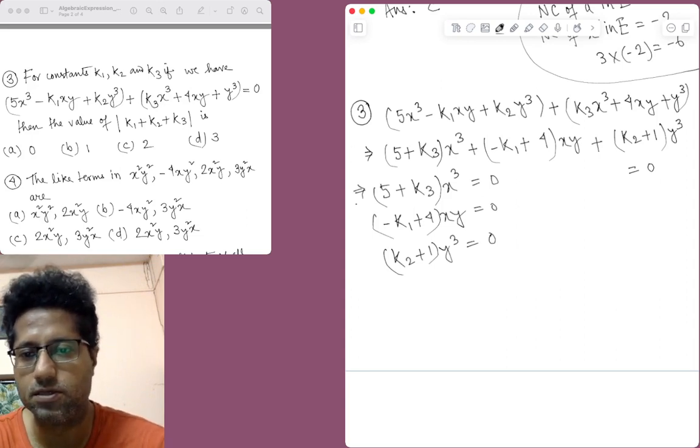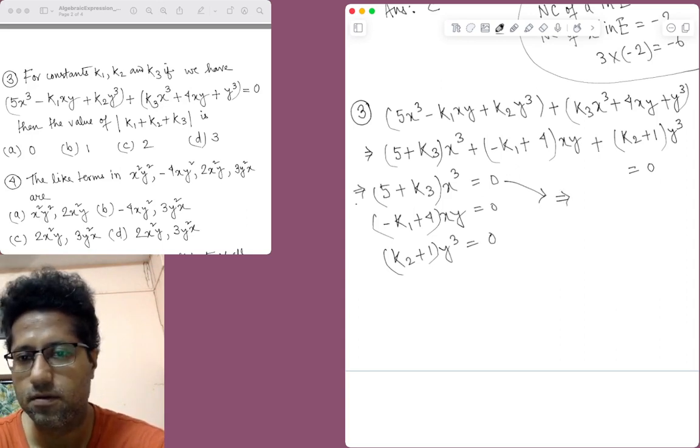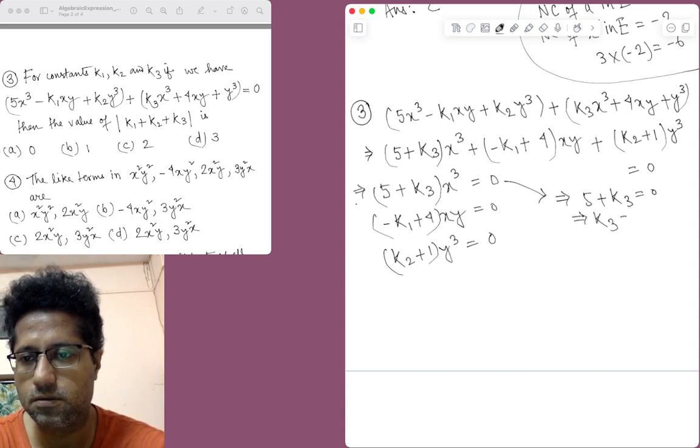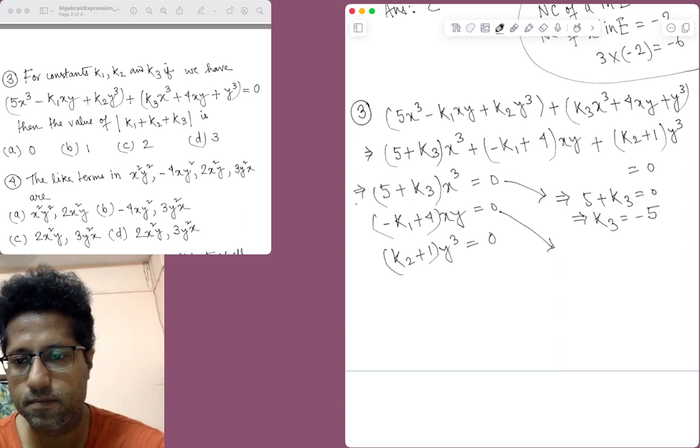Now, if this is 0, this implies the numerical coefficient has to be 0. This implies k3 is minus 5. Now, if this thing is 0, this implies its numerical coefficient has to be 0, that is minus k1 plus 4 has to be 0.